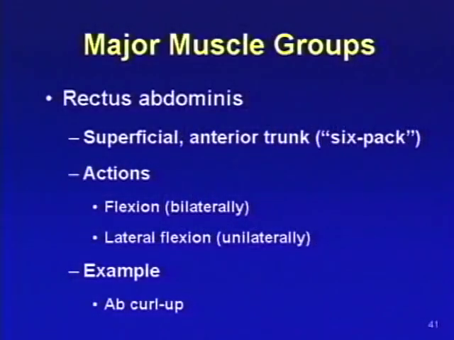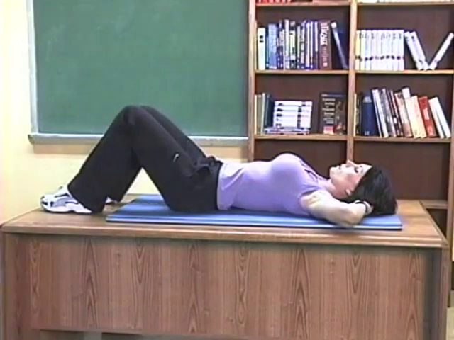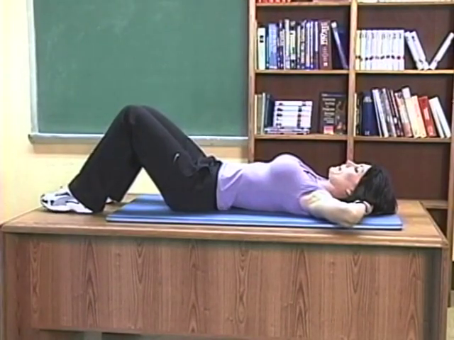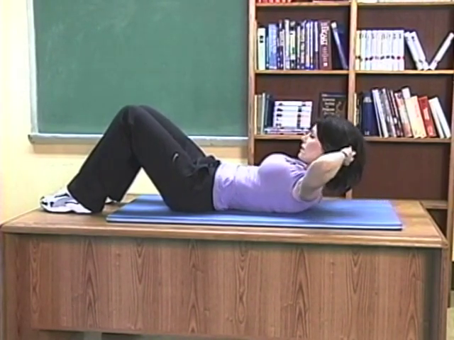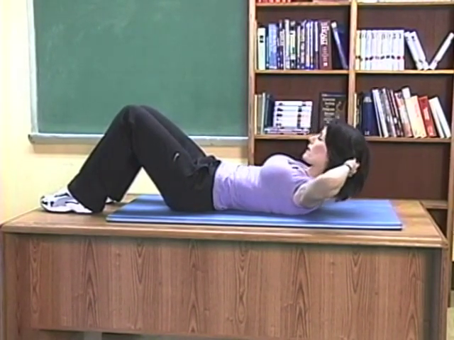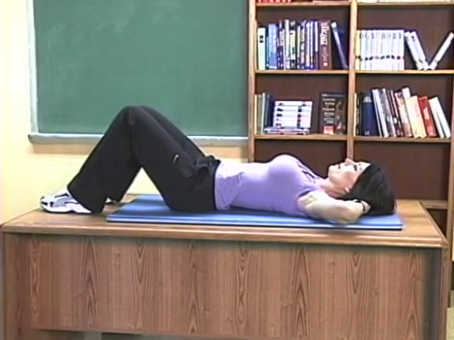Exercise examples for the rectus abdominis include an abdominal curl-up, also known as a crunch. To demonstrate the abdominal crunch or ab curl-up, I'm simply going to flex forward at the thoracic spine, lifting pretty much my entire shoulder blade off of the mat.